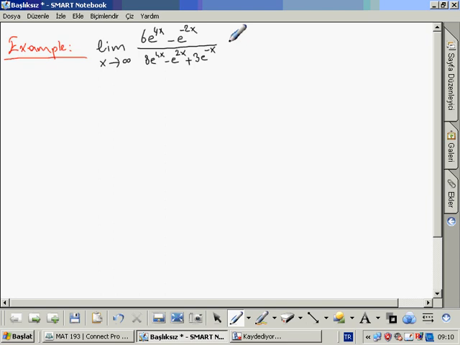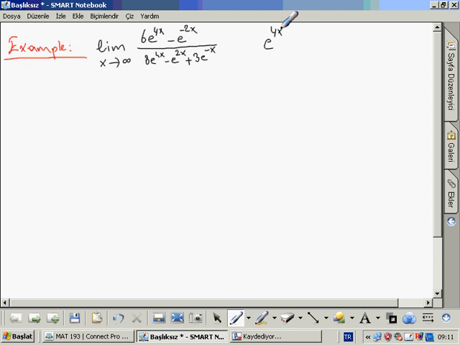We will then factor it out from both numerator and denominator, using the same reasoning as in the previous lecture's example. Since we are looking at a limit at plus infinity, we only look at exponentials with positive exponents.